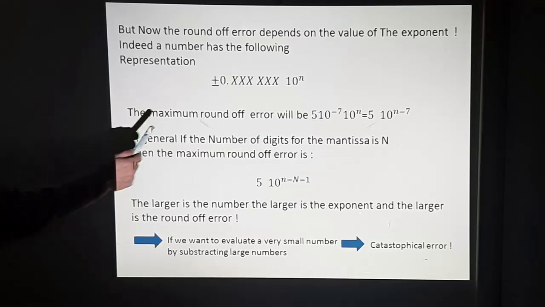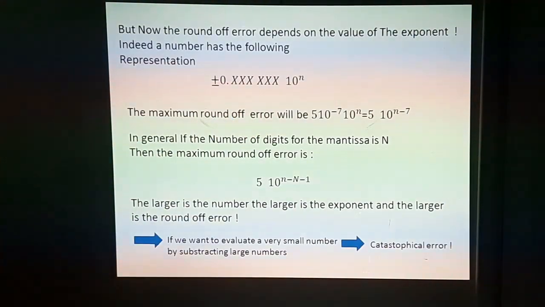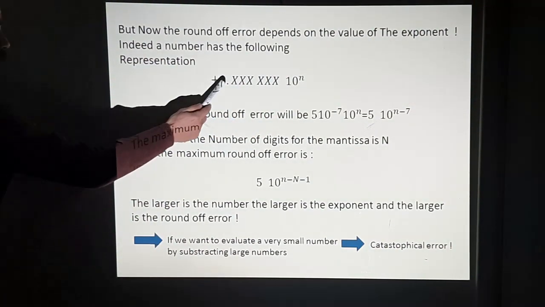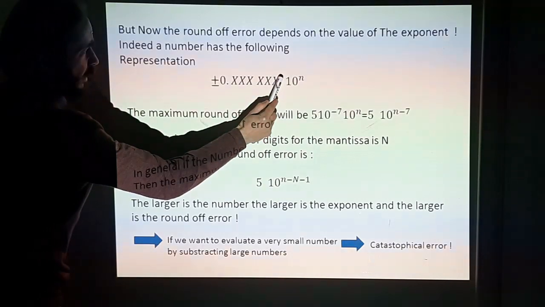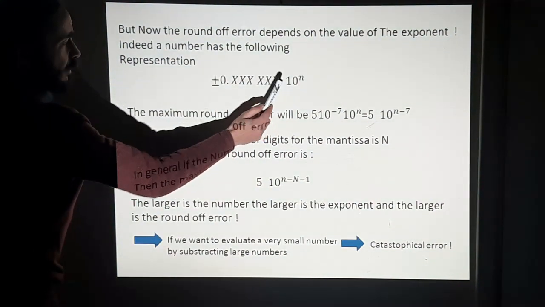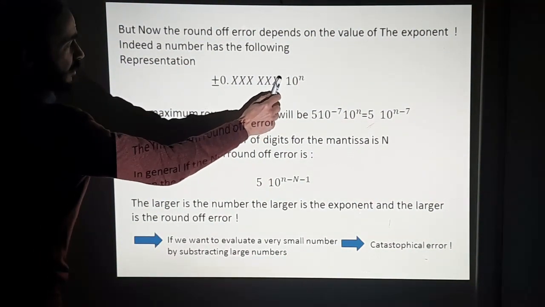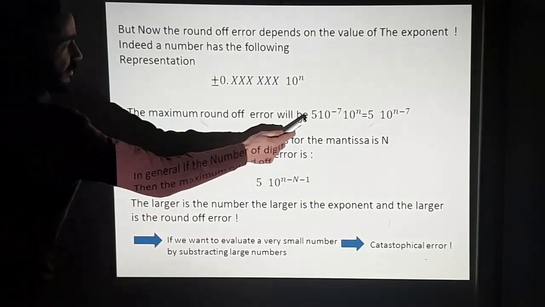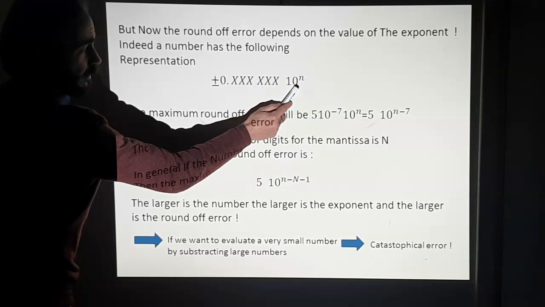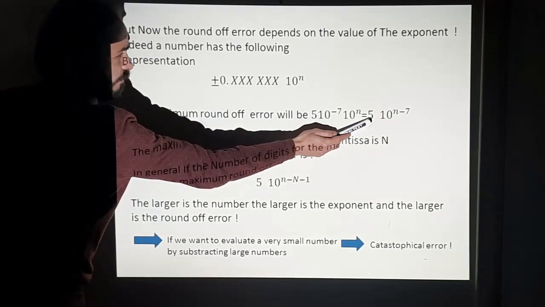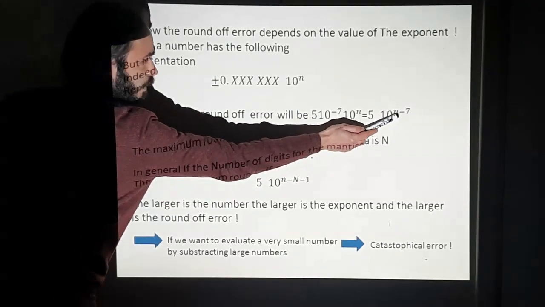For example, if this is the representation of any number, where the x are any digits, the maximum round-off error is when I have a 5 in this case. Here I use 6 digits, so this would be 5 10 minus 7, multiplied by 10 power n. So the round-off error is 5 10 power n minus 7.